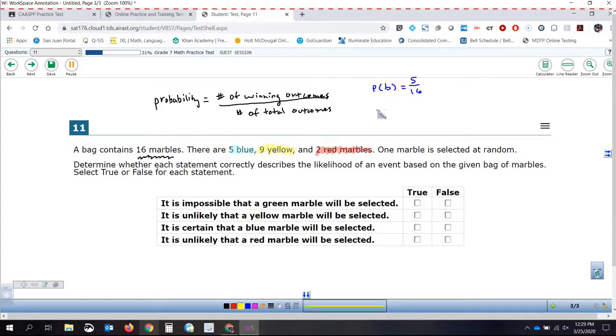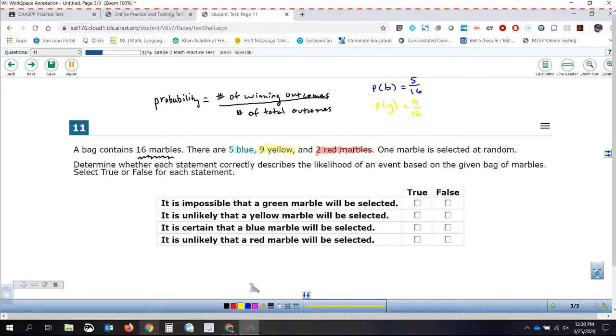All right, the probability of choosing a yellow marble is 9. There are 9 yellow marbles out of 16. So if I look at these two, it makes sense that I have a greater chance of choosing yellow than blue because there are 4 more of them.